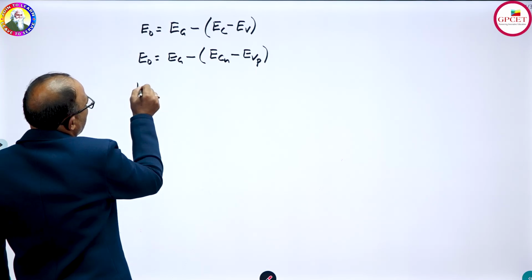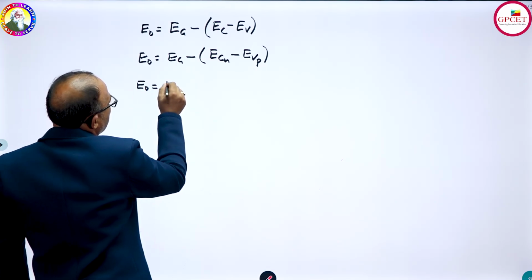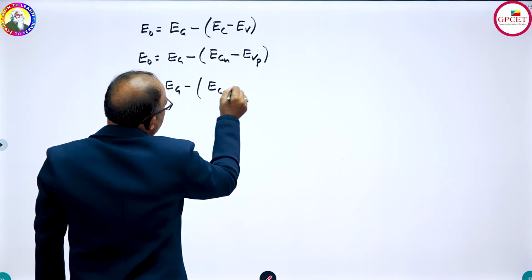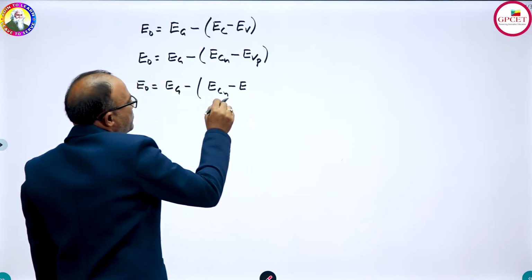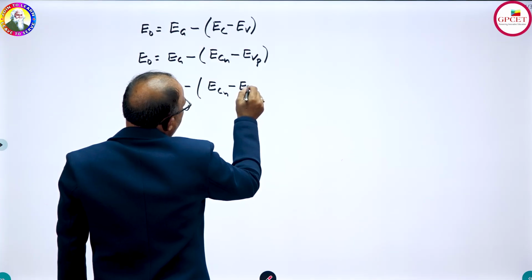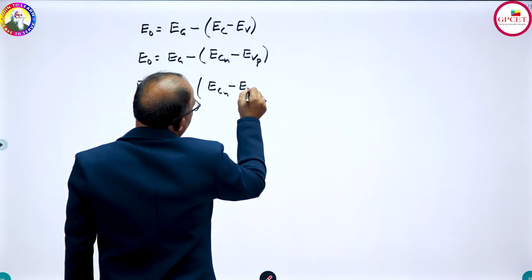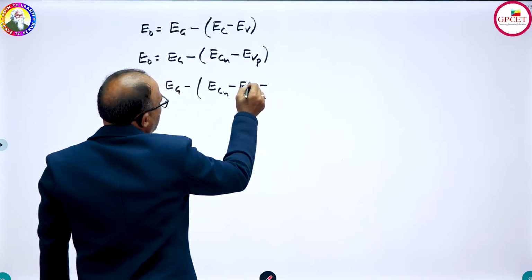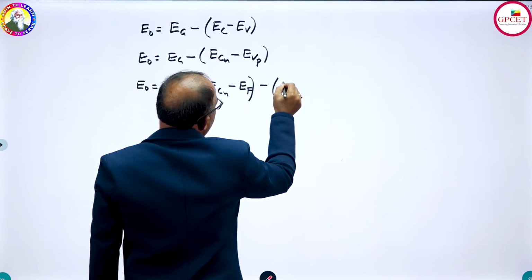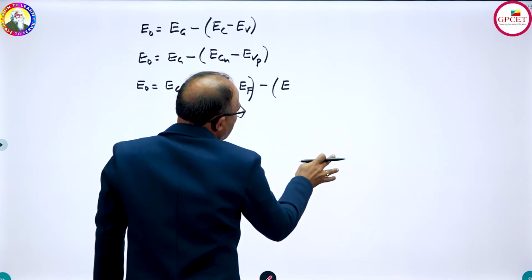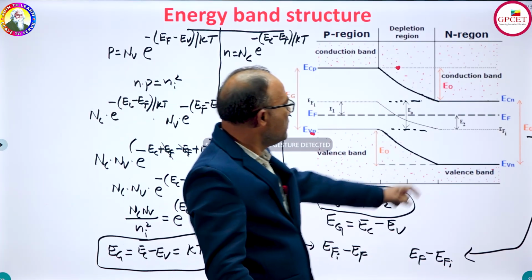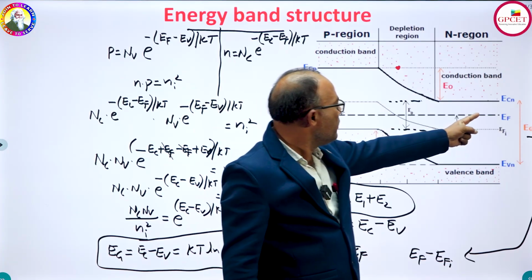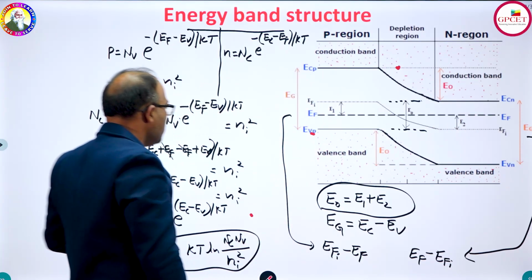So that can be written as E naught is equal to Eg minus (Ecn minus Ef), and it can also be written as minus (Ef minus Evp).